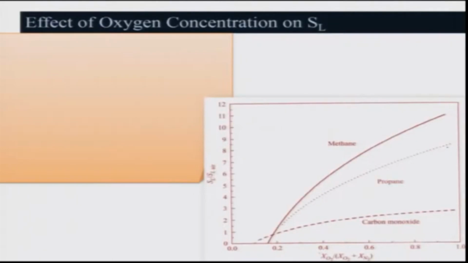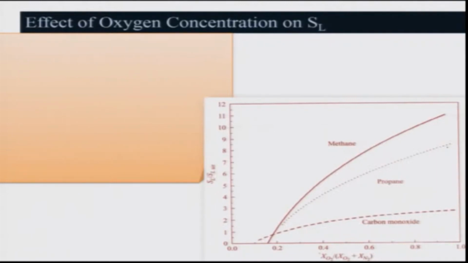So, let us look at the effect of oxygen concentration on the laminar burning velocity. Here I have taken the data of SL with air, and on the horizontal axis, the mole fraction of oxygen divided by the mole fraction of oxygen and nitrogen, that is saying basically what is the percentage of oxygen in the oxidizer.